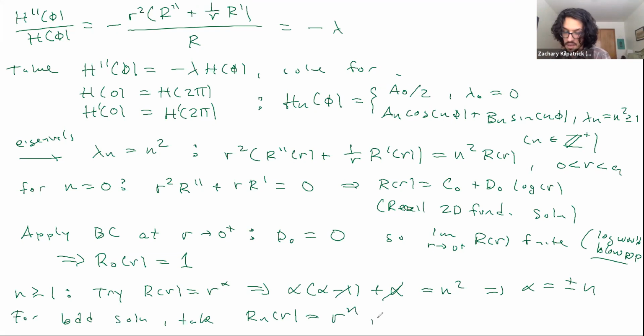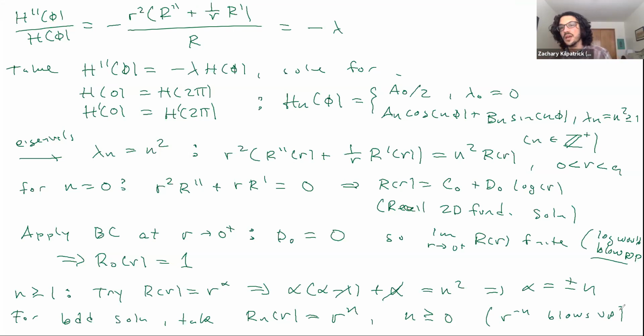And in fact, this even works for n equals 0, because that would just give me back 1. So this is my general solution for n greater than or equal to 0. R to the minus n again blows up, so we're getting rid of it. Okay. So I have my constituent solutions.